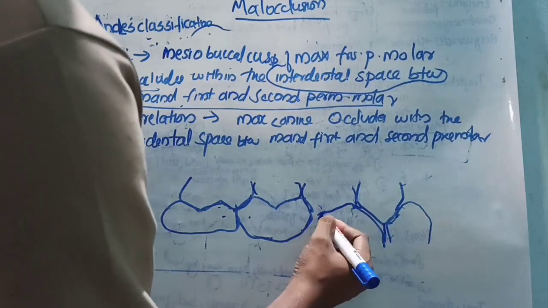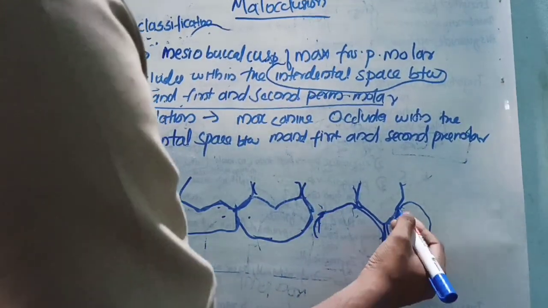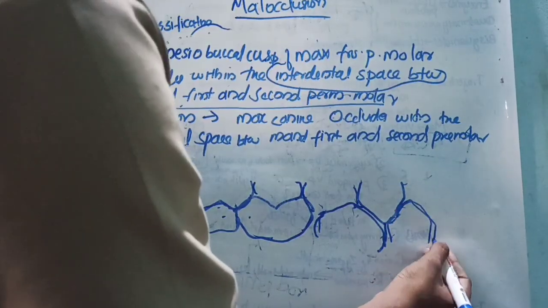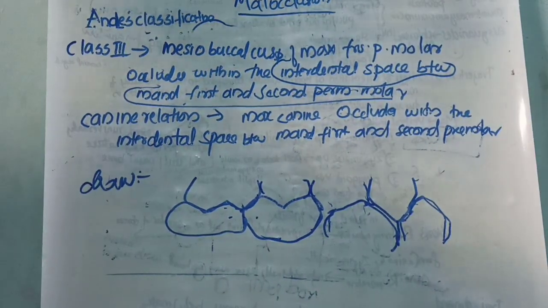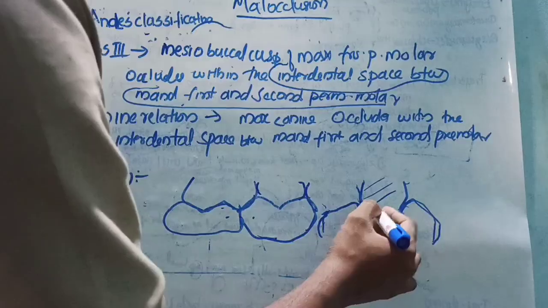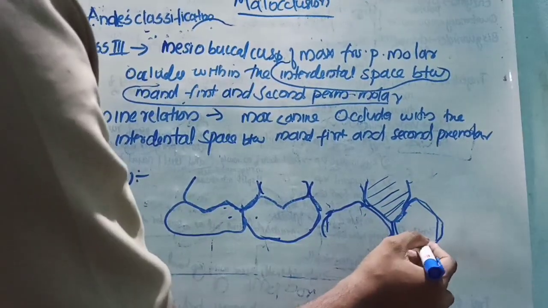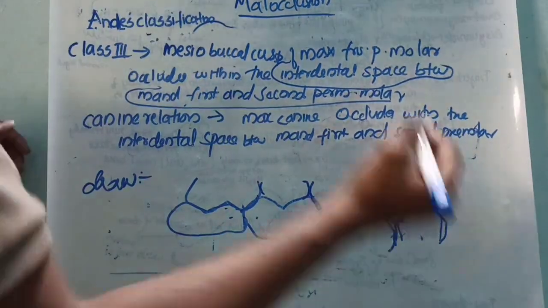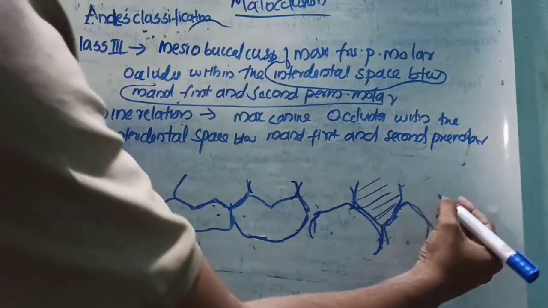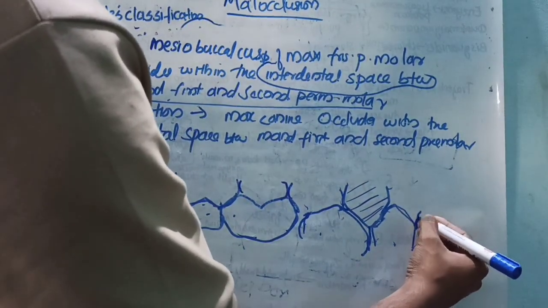You have to draw nicely and neatly in the examination. Be patient. The canine occludes in the interdental space between the first premolar and second premolar. And where is the mandibular canine? The mandibular canine comes here.